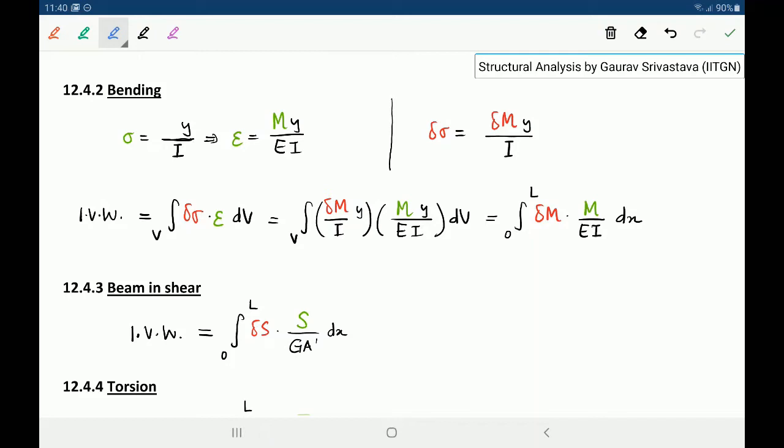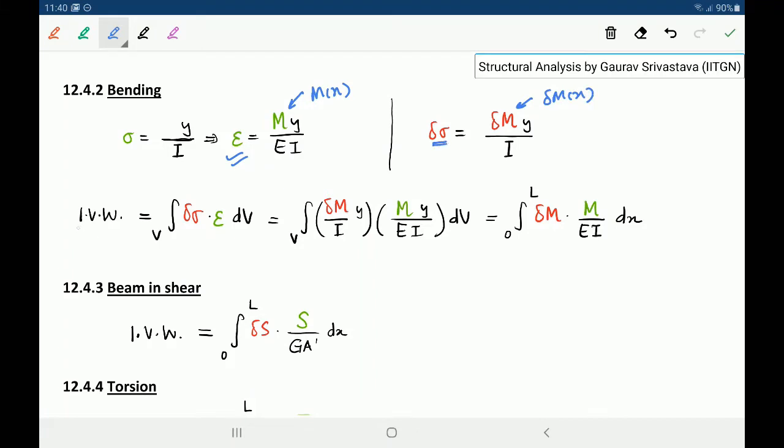Let's say the real force field has generated a moment distribution M of x, which is shown in green. So the real strain will be like this, and there is a virtual force field which is applied, which causes a virtual moment field, and that causes a virtual stress.